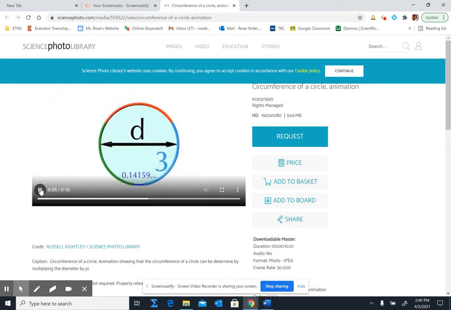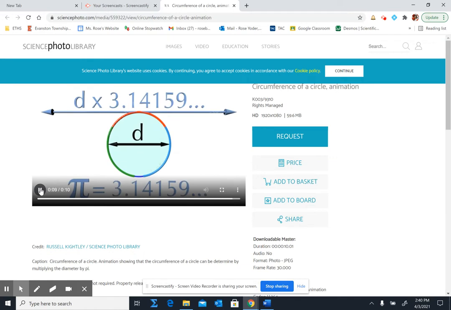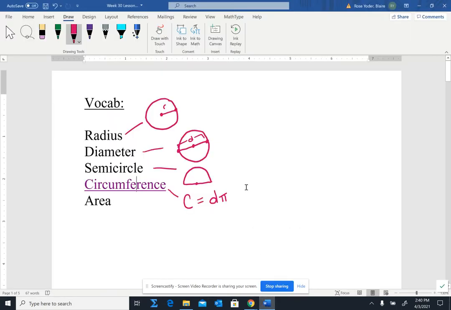Well, how much more? 0.14159 on forever and ever. So as far as how many diameters it takes to wrap around a circle, it takes pi diameters to wrap around a circle. So pi diameters is the formula for the circumference of a circle. So circumference is pi diameters, or diameter times pi.